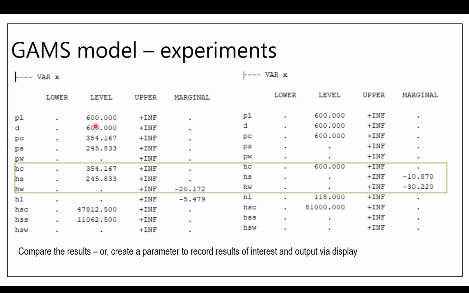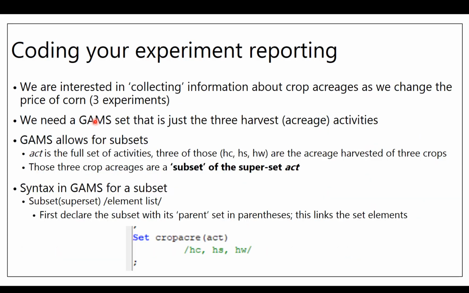And then the plowing and disking is not interesting at all, because as long as you're out there planting, as long as the land is generating returns, those are just stuck at 600 no matter what the prices are. They are invariant quantities to the prices. You have to have basically every crop in the model get cheap for you not to want to plant. So what I really want is to be able to siphon off these 3 activities that are harvest activities and make a new set.